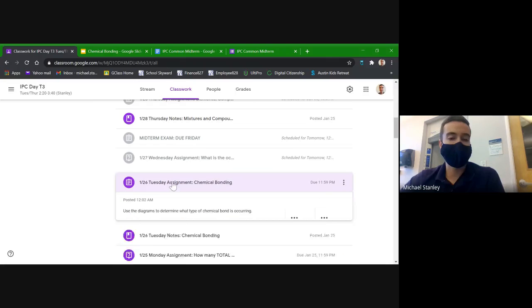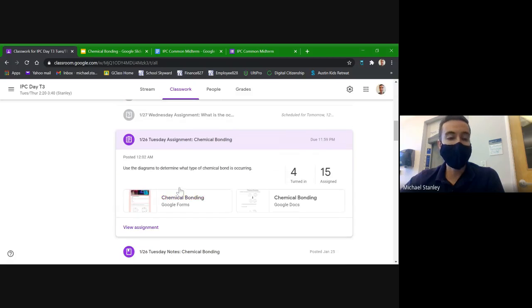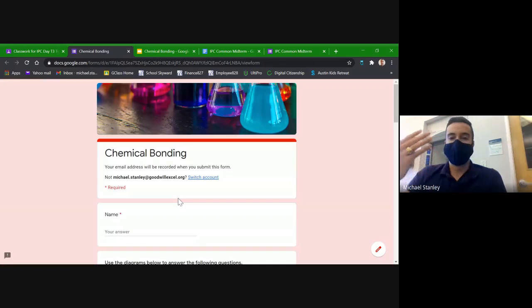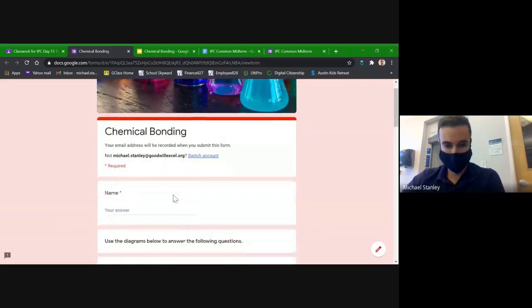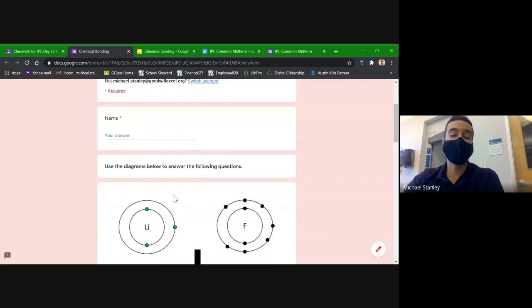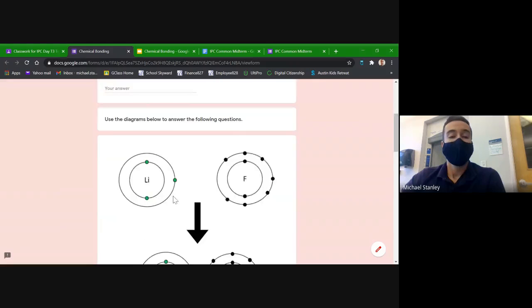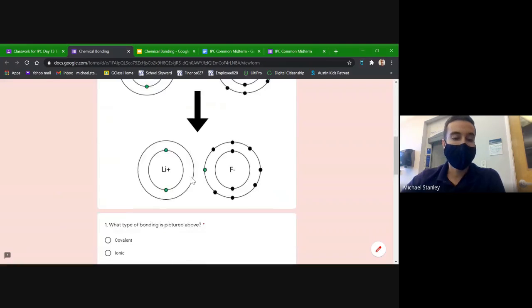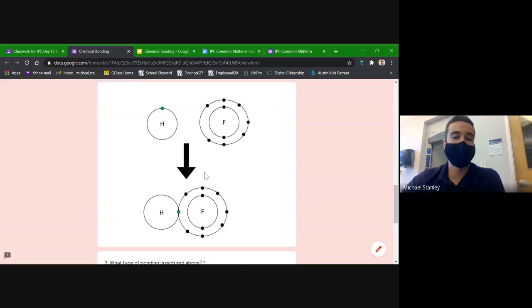So the Tuesday assignment is just a really quick review of the different types of bonds that we were just talking about. There's two sets of pictures: this first picture up here and this second picture down here.